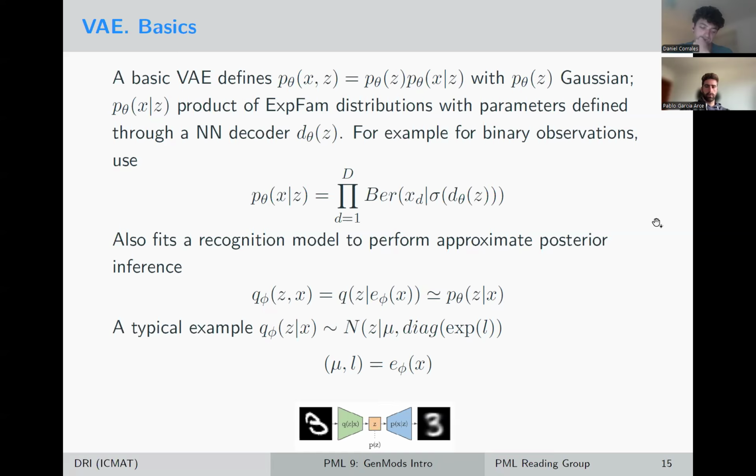That's a typical assumption. Here the typical idea is that it is some kind of funnel: the prior over Z, then the decoding based on a neural network, and then the recognition model.